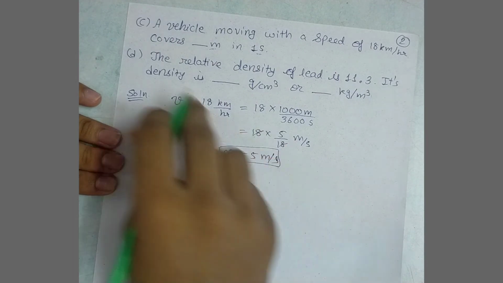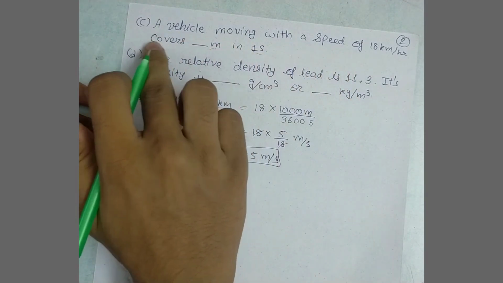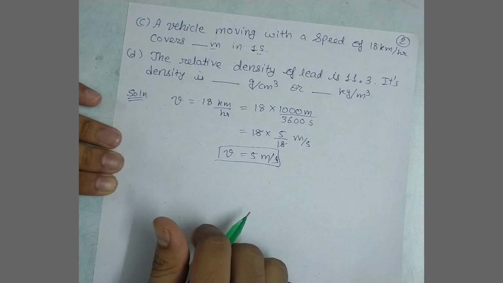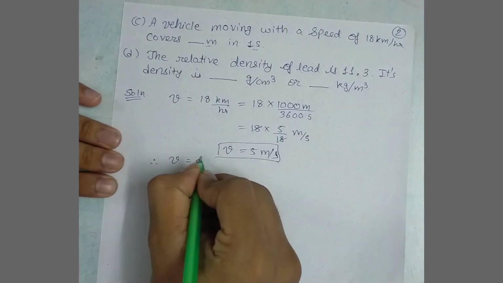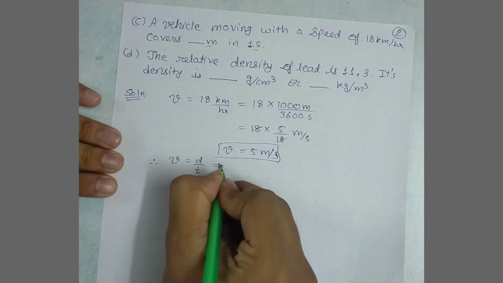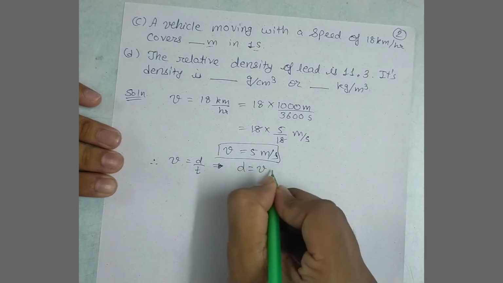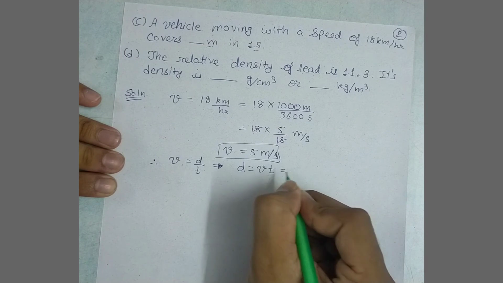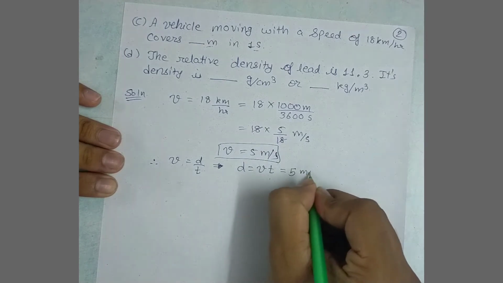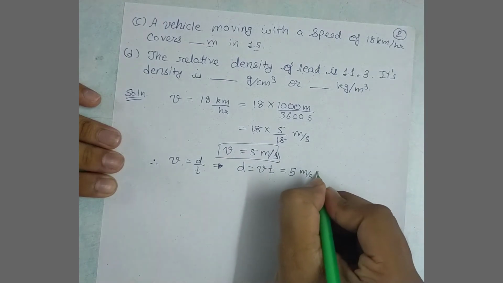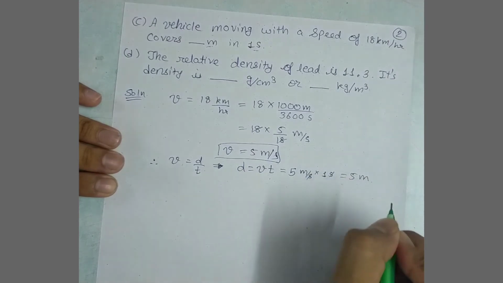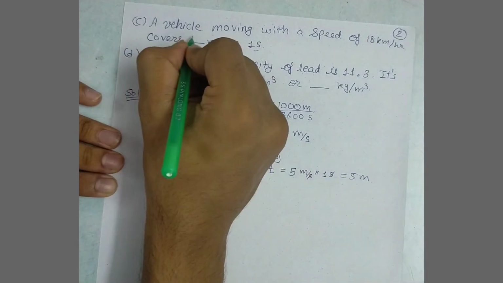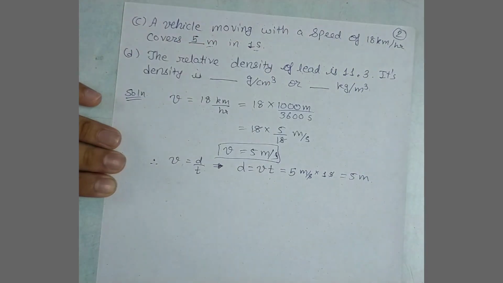But in our question it is asked what will be the distance covered in 1 second. Therefore, speed is distance upon time, which implies that distance is equal to speed multiplied by time. Here the speed is 5 meter per second and the time is 1 second. The second gets cancelled and the resulting answer is 5 meter. So the distance covered is 5 meter in 1 second.